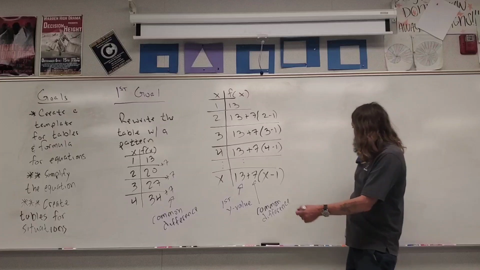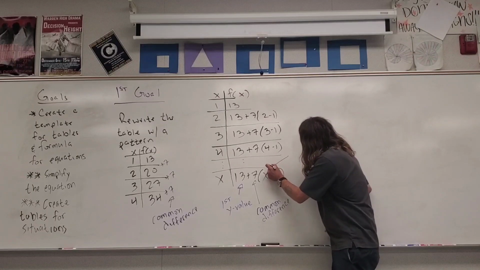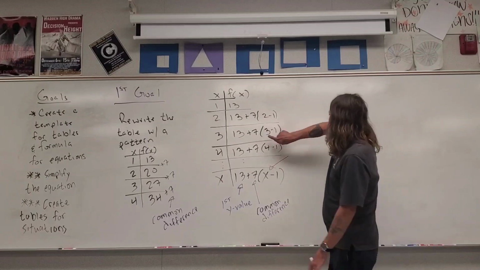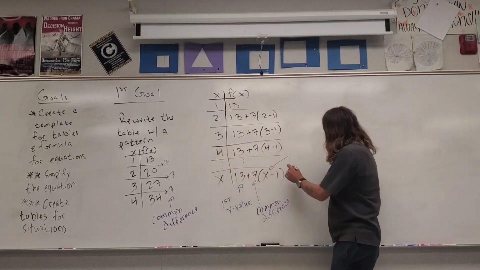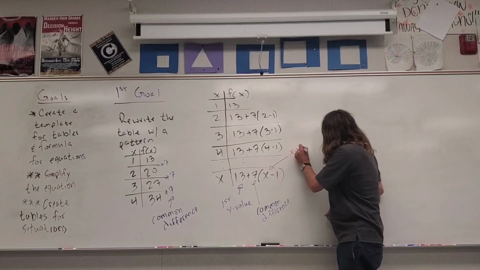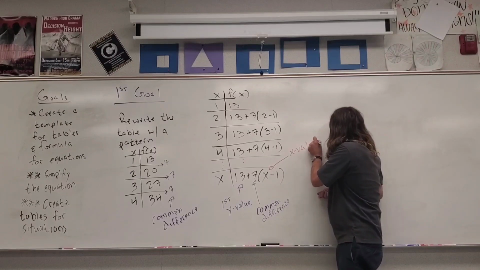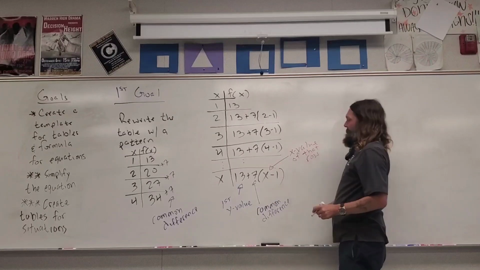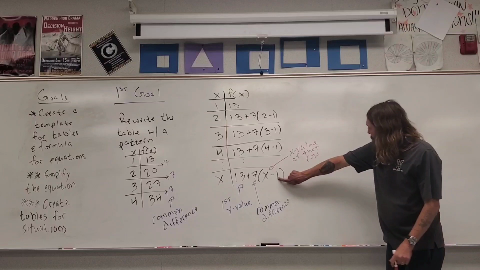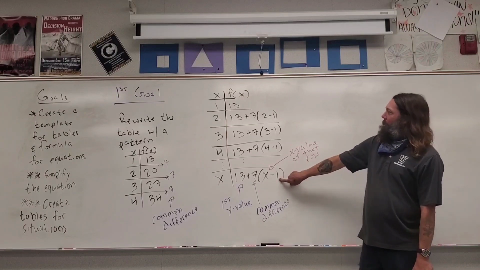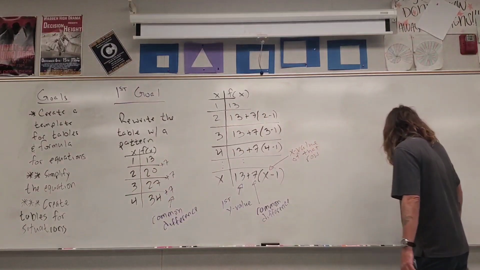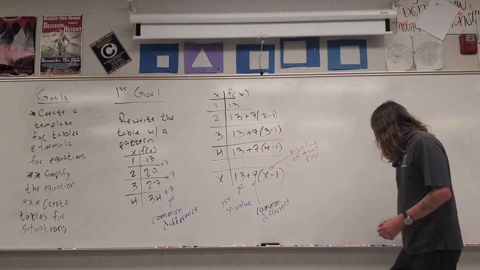Hopefully this number right here, in this case it's an x, but on the ones up here, it's the x value for that row. And this last number is the opposite of my first x value. Okay, this is the opposite of my first x value.